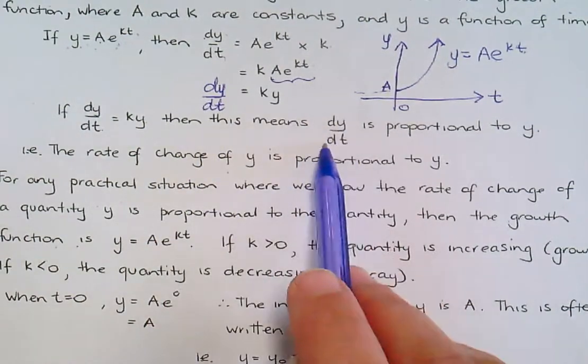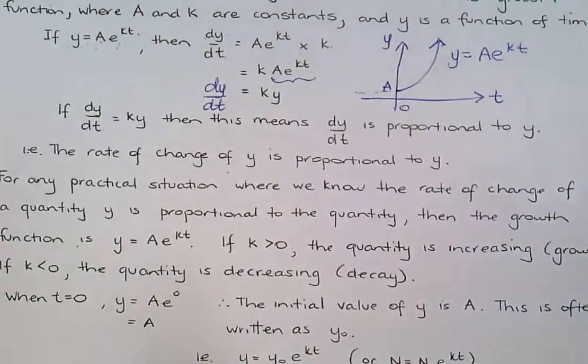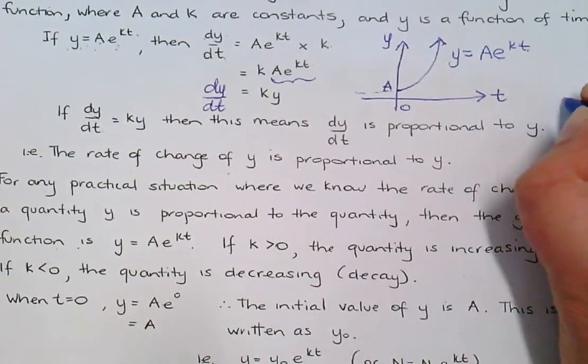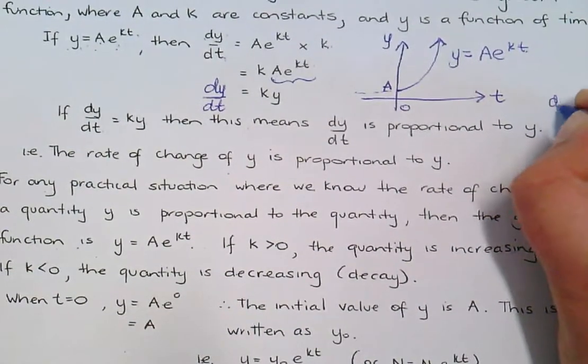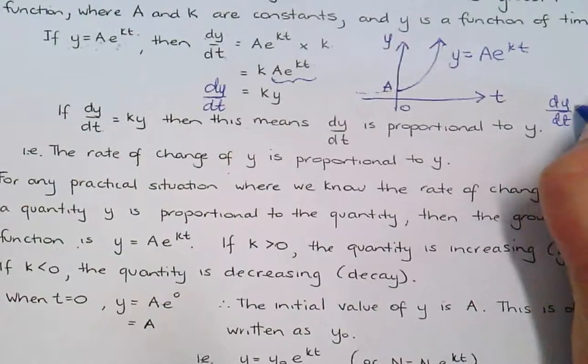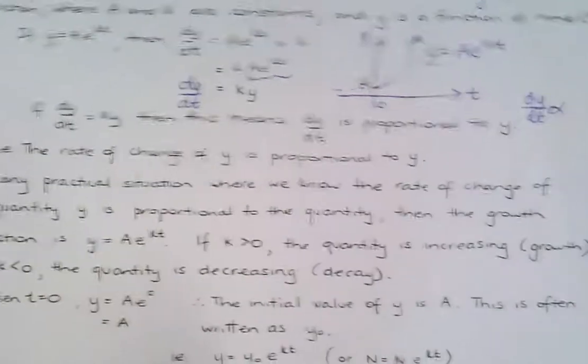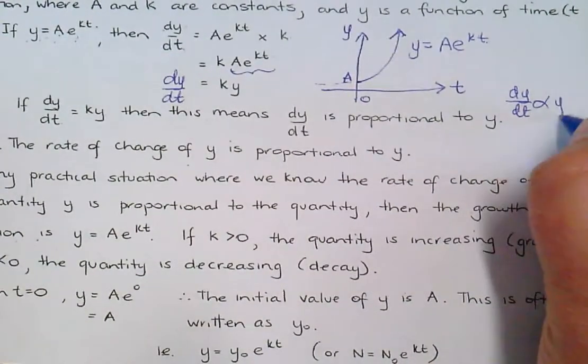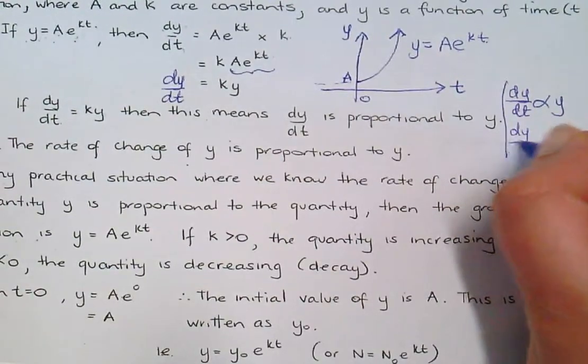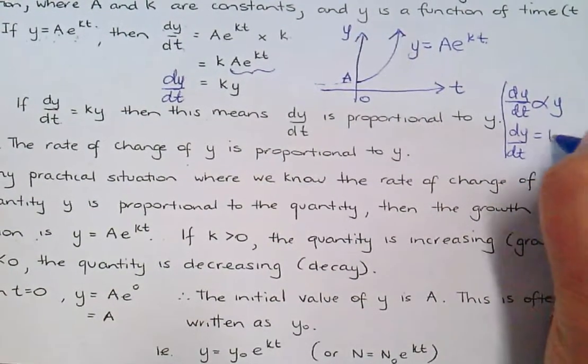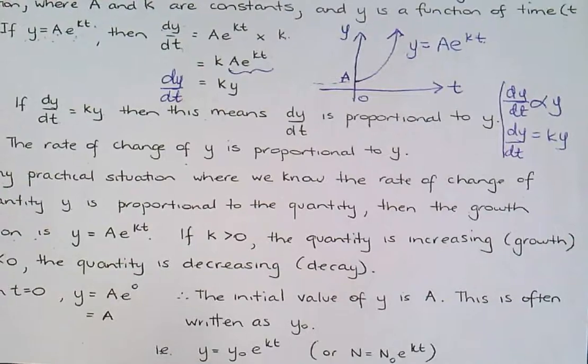That means that dy/dt is proportional to y. If I say dy/dt is proportional to y, do you remember that symbol? Then we can say dy/dt equals some constant times y.